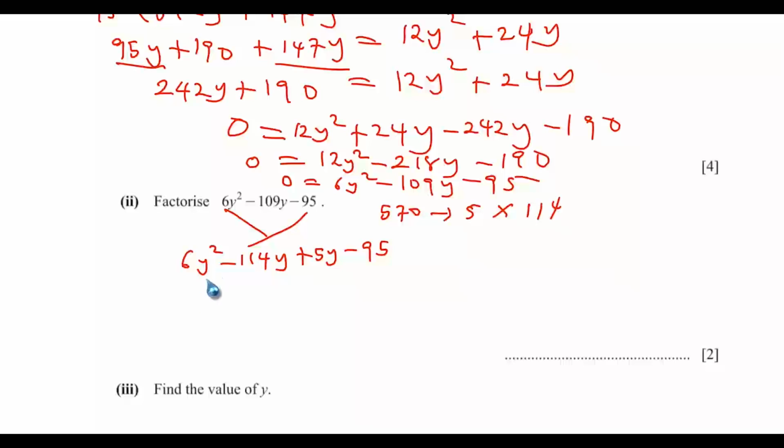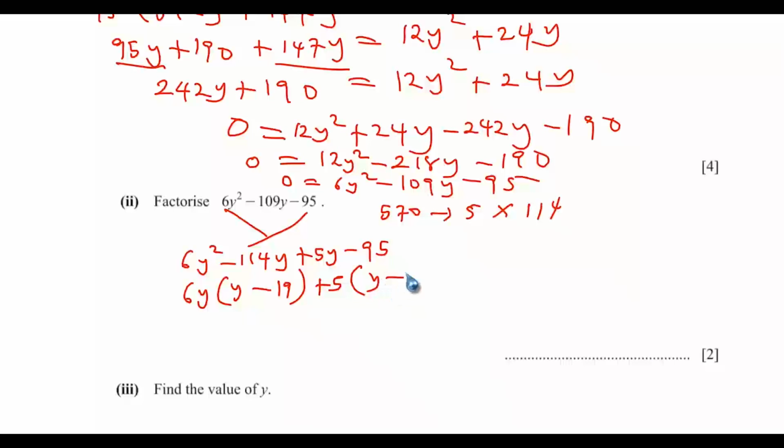So if you factor out 6y here, you have 6y into, we have y left here minus 114y divided by 6y. That will give you 19. Then plus 5 into y minus 95 divided by 5.